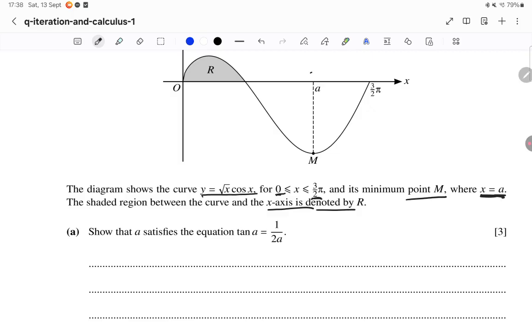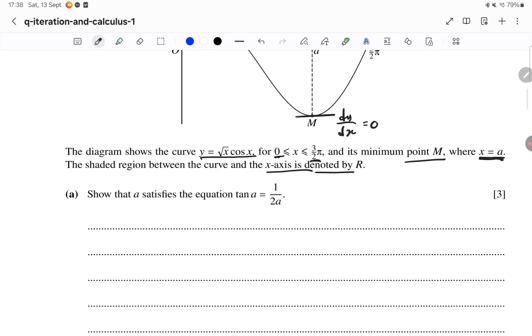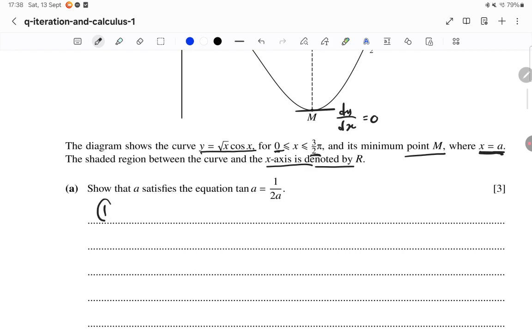We're going to find the x value for the maximum point. And our first key information is that dy/dx is equal to 0. So we're just going to find dy/dx first, where our y is equal to √x cos x. We're going to find our u first, which is √x, and our v will be cos x.